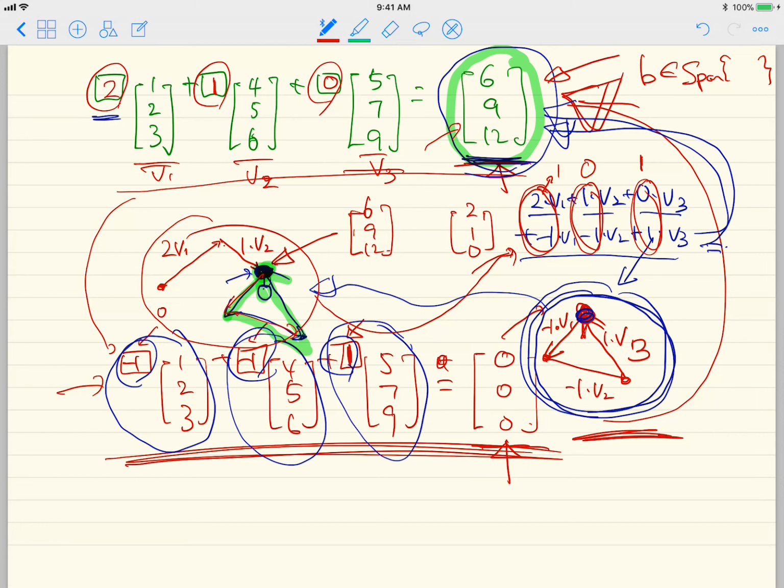Okay? That is the necessary condition, or the first condition that you have to check before you determine whether you have a unique or infinitely many solution. We have to verify that the solution actually exists.